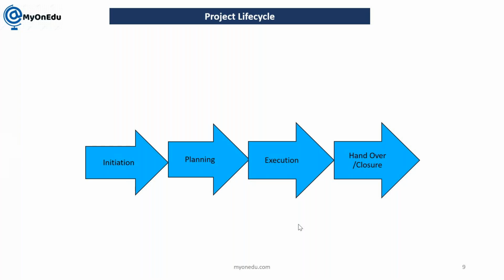So in initiation, what we need to do is initial planning. Initial planning means a rough cut: you already approved some budget, but now we need to do some rough cut planning, or perform some activities in the initiation phase, like deployment of project manager.